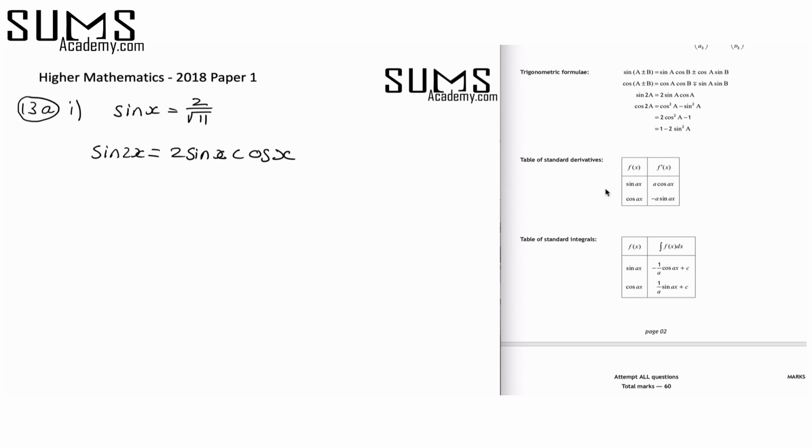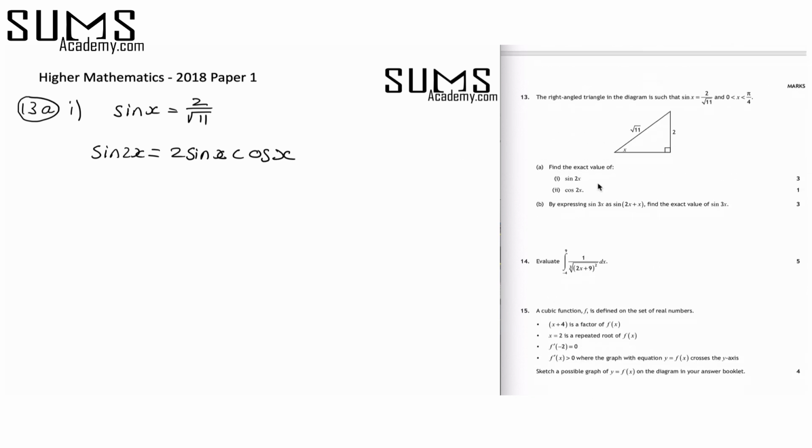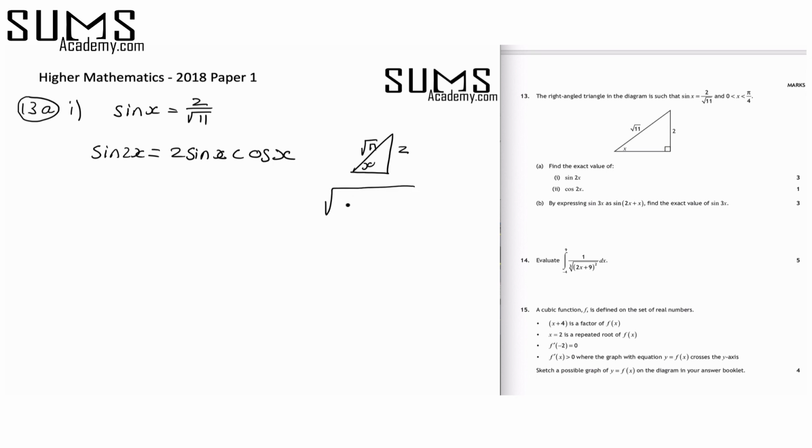Now we don't have cos x, so we're going to figure it out. We know that's root 11, and that's 2, so what could this be? Well, it's just Pythagoras. So it's going to be root 11 squared minus 2 squared for this side here. So 11 minus 4 is going to be 7, and root 7. So this side here is root 7.